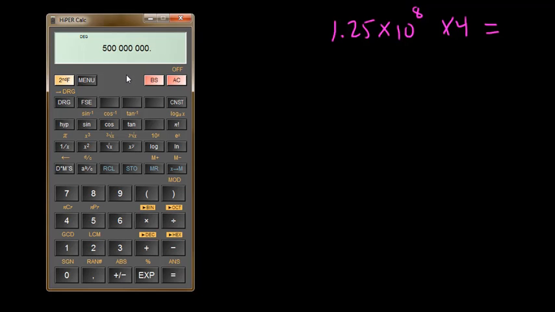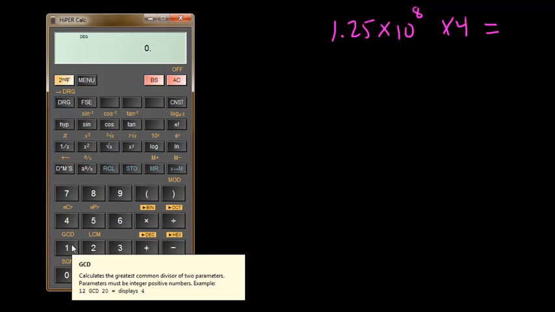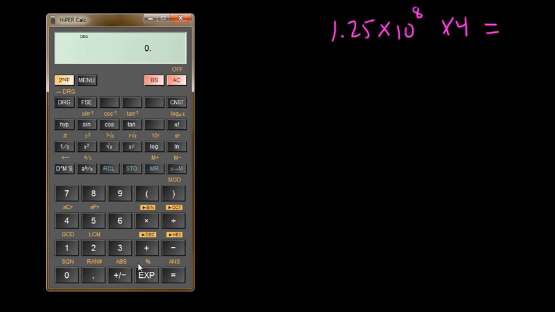But there's a much easier way to do this. Instead of actually typing in the times 10 to the power of 8, you can exploit this EXP button. On your calculator, it might also be EE. But this means times 10 to the power.